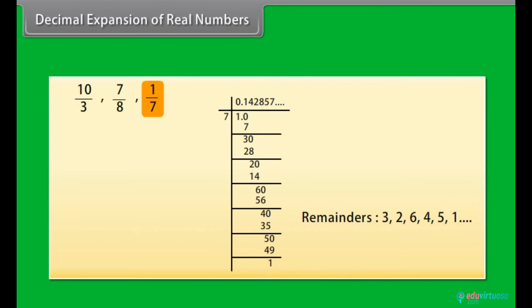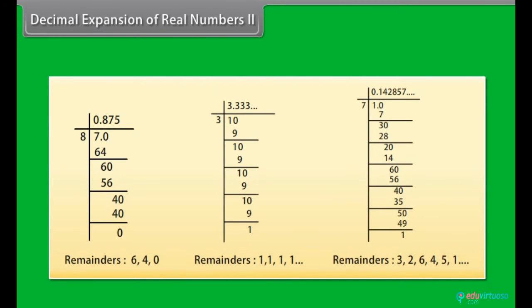And for 1 by 7, the remainders are 3, 2, 6, 4, 5, 1. Did you notice something here in all these examples? Notice that the remainders either become 0 after a certain stage or start repeating themselves.